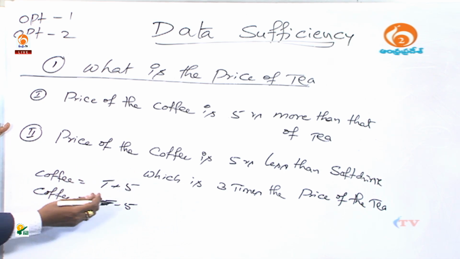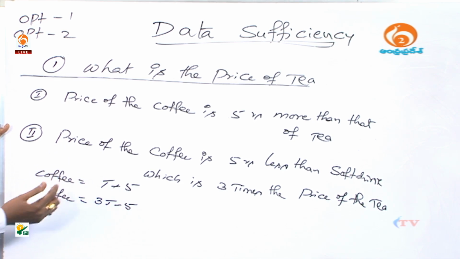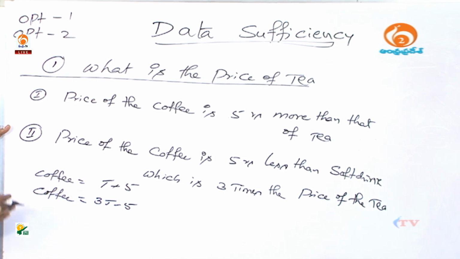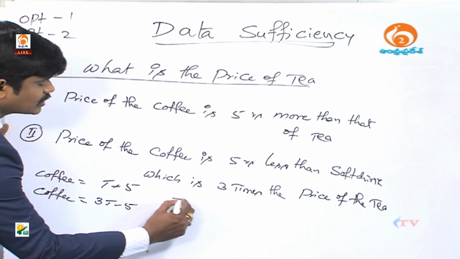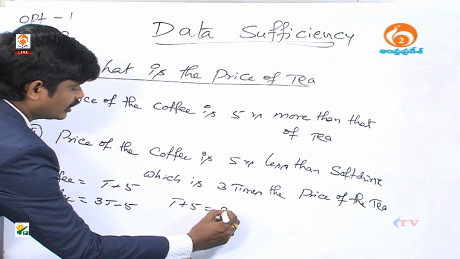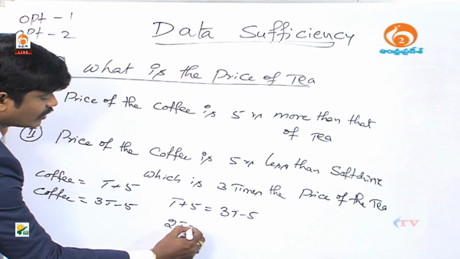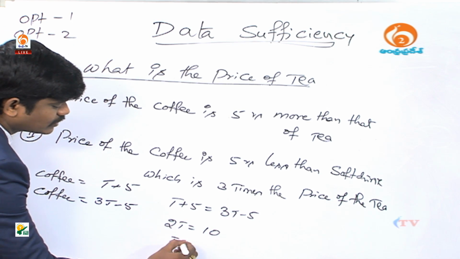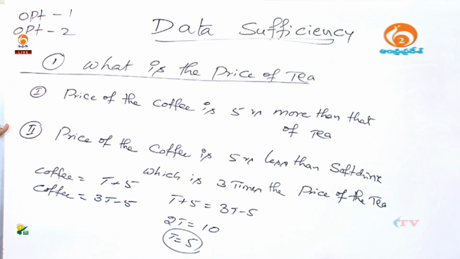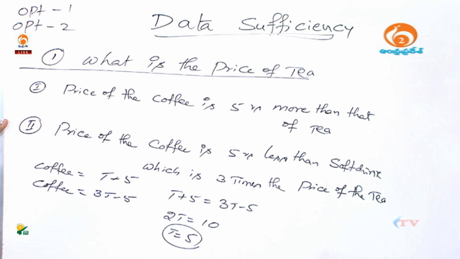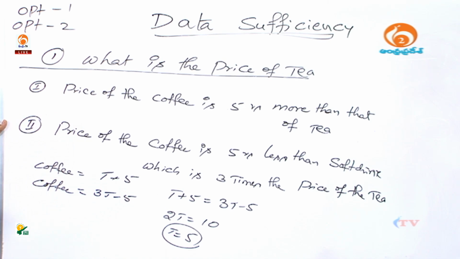From the first and second conclusions, the left hand side, coffee, is equal, so the right hand side is also equal: t plus 5 equals 3t minus 5. Now 2t equals 10, so t equals 5 rupees. Then the coffee is 10 rupees and the soft drink is 3 times t, that means 15 rupees.